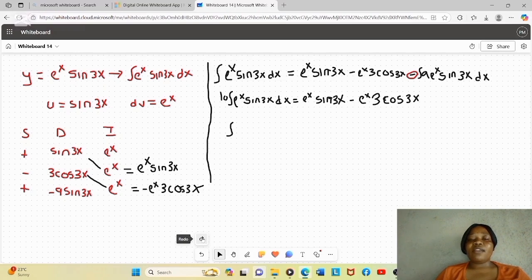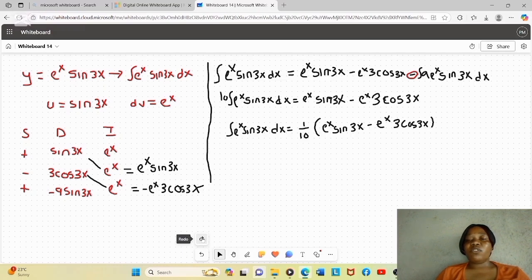Then we'll be left with the integral of e to the power x sine 3x dx equals 1 over 10 into e to the power x sine 3x minus e to the power x 3 cos 3x, close brackets.